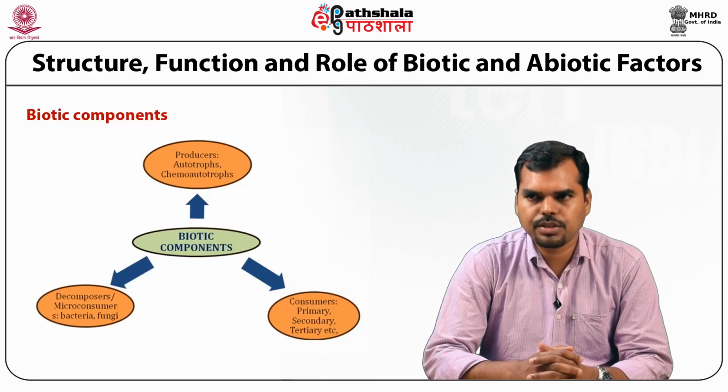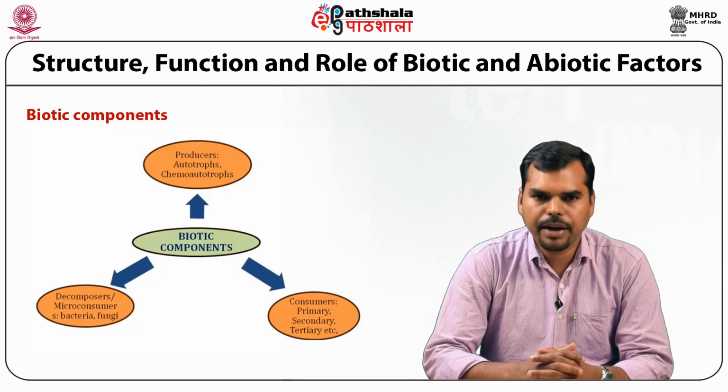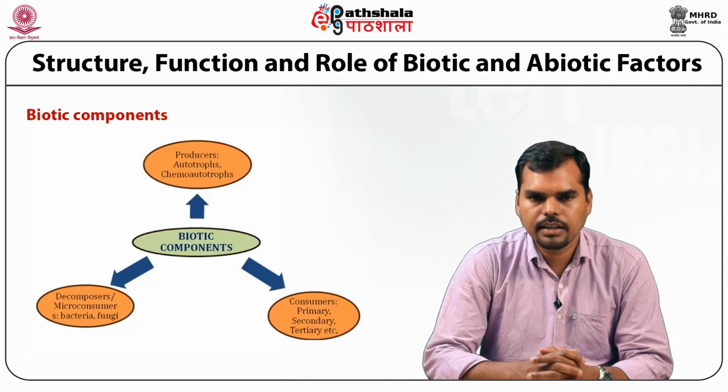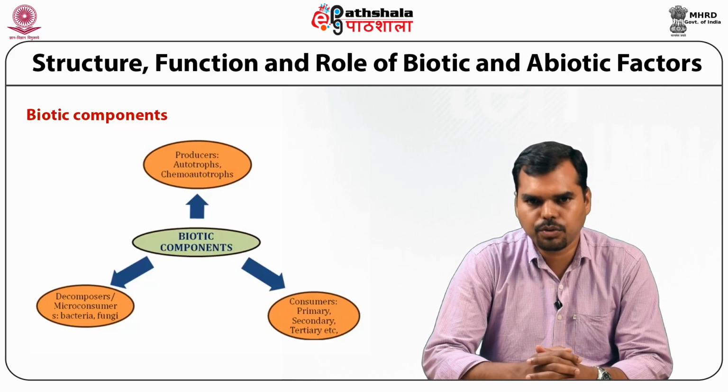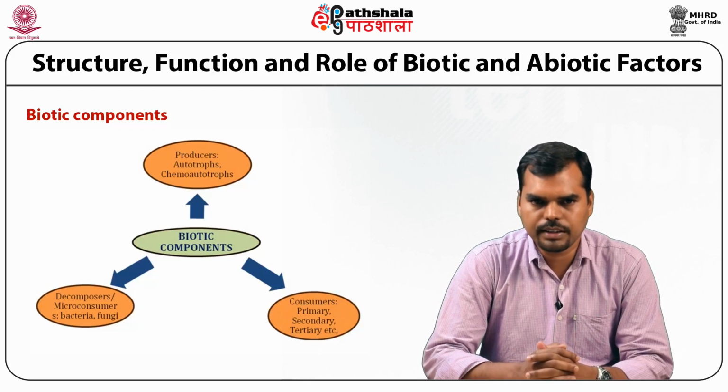How about decomposers? Decomposers are microorganisms. Basically they utilize plants and animals as a major food source and degrade these compounds, generating organic molecules again or the end products CO2 and water.